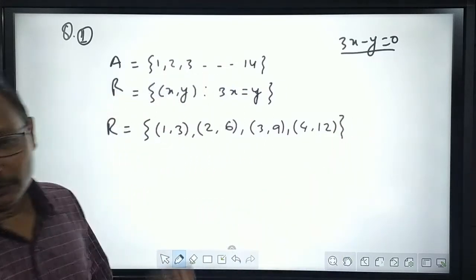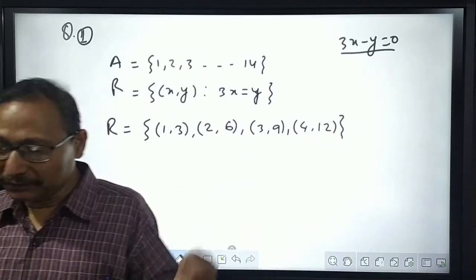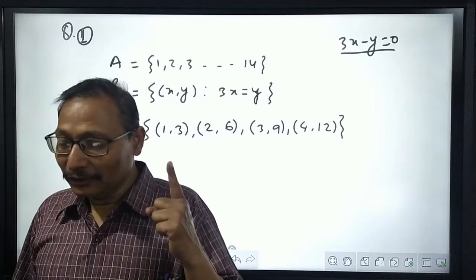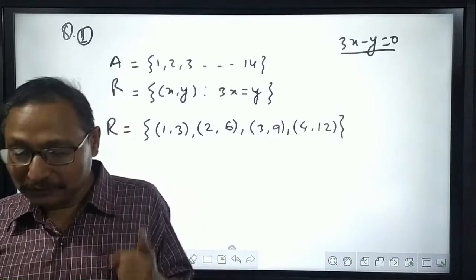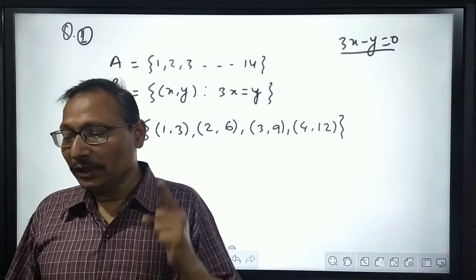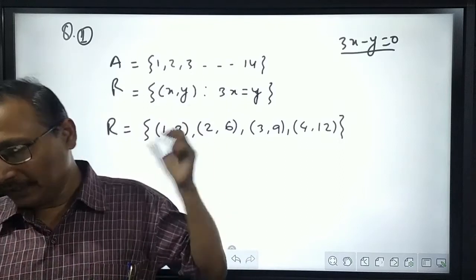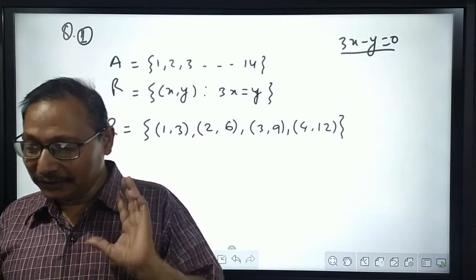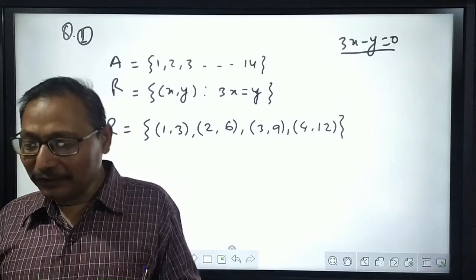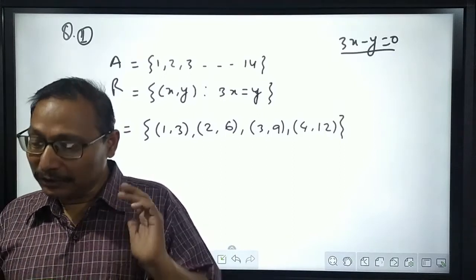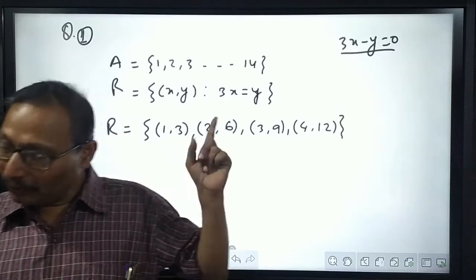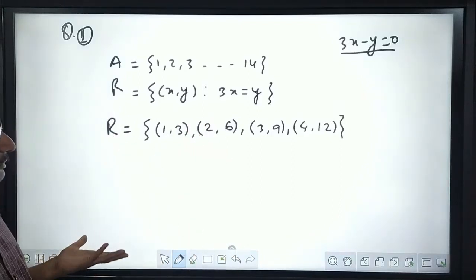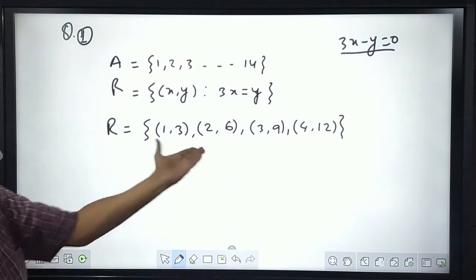Now, in checking reflexivity, as I told you earlier, we need to take an element from set A and check whether that element is paired with itself or not. And it proceeds for all the elements of set A. Here you can clearly see that if we pick 1, we do not have (1, 1).